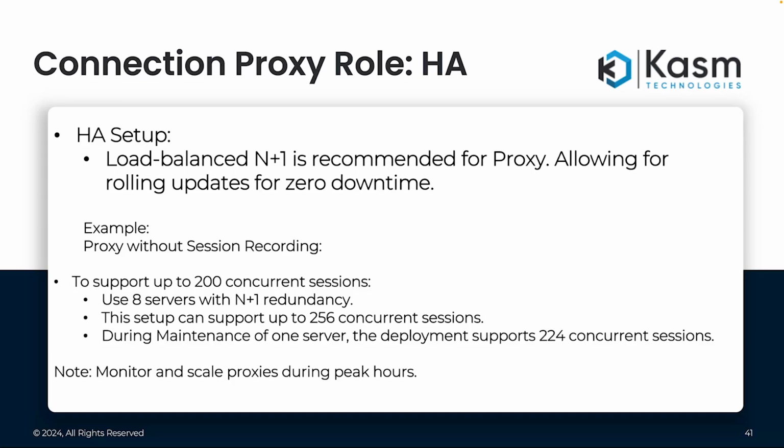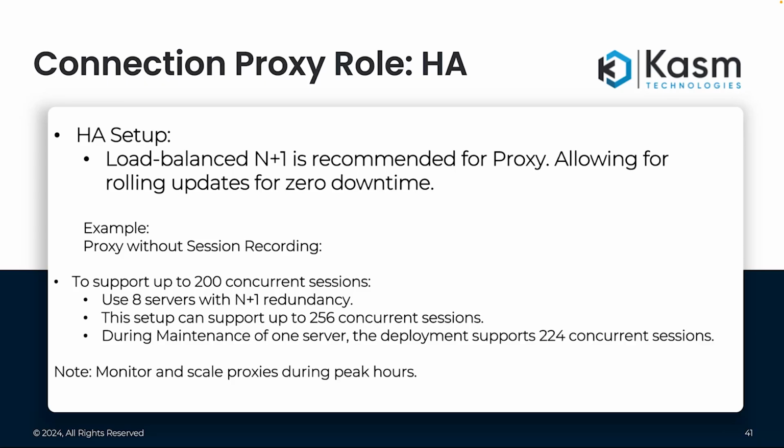This setup could support 256 concurrent sessions. During maintenance with one server down, it would support 224 concurrent sessions. As always, we want to monitor and scale proxies during peak hours, so that we know where the load is.